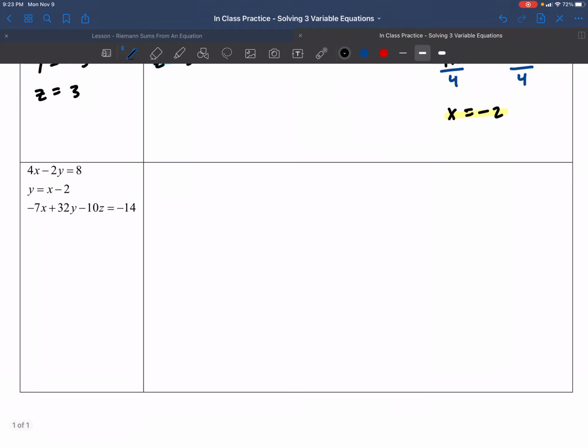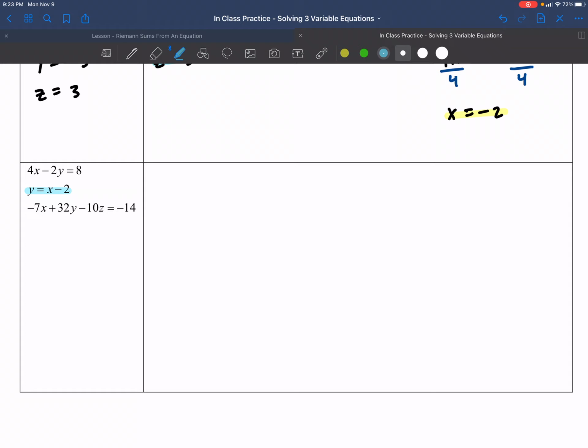And now our last one. Our last one is a little different in that none of my formulas have just one variable in them. But I'm going to look at this second equation: y is equal to x minus 2.